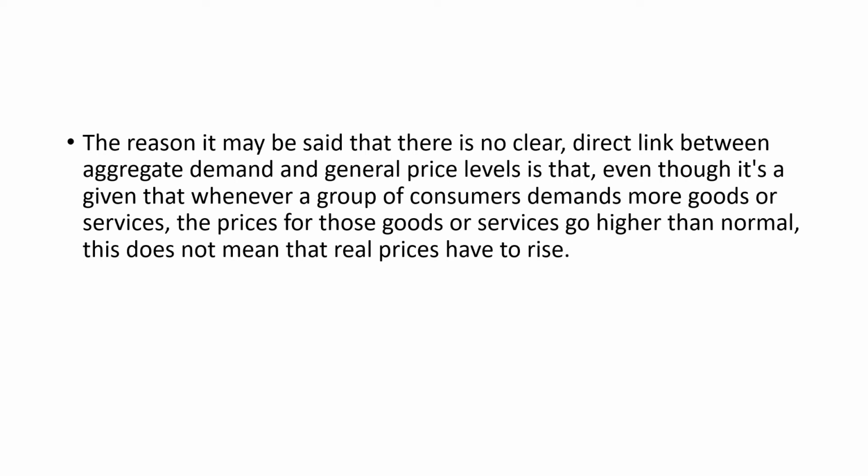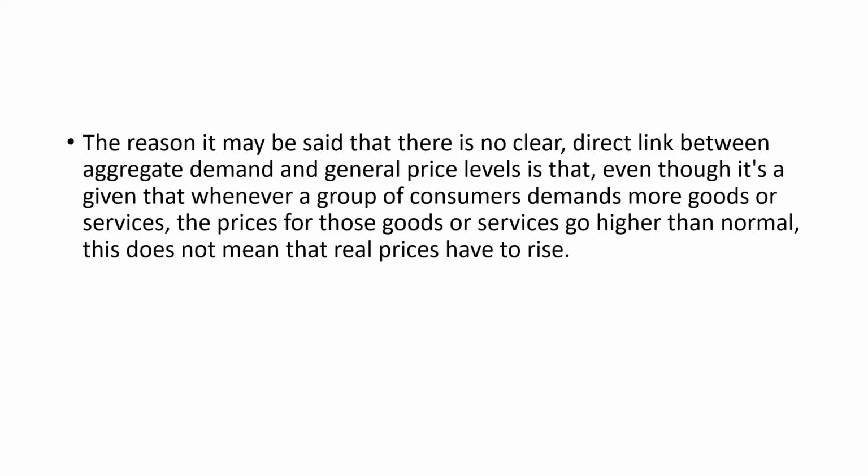The reason is that it could establish an unclear direct link between aggregate demand and the general price level. So why are we saying that it is sometimes complicated to make a link between aggregate demand and price level?